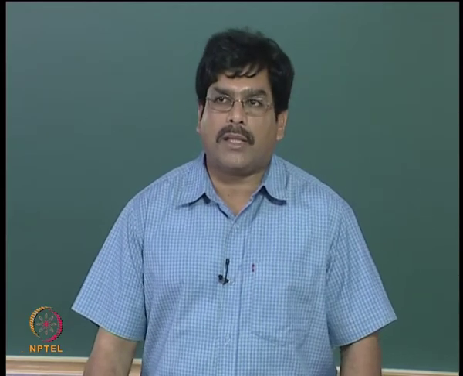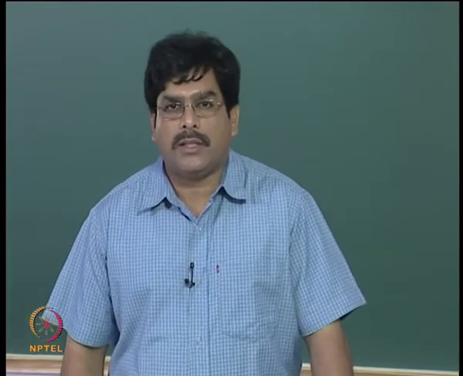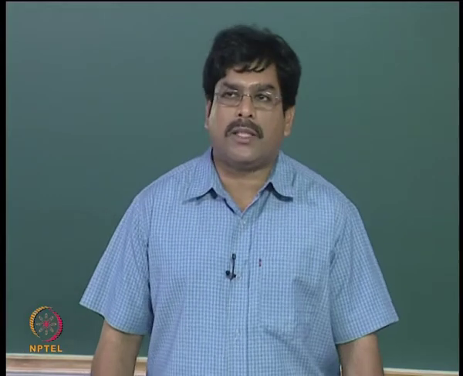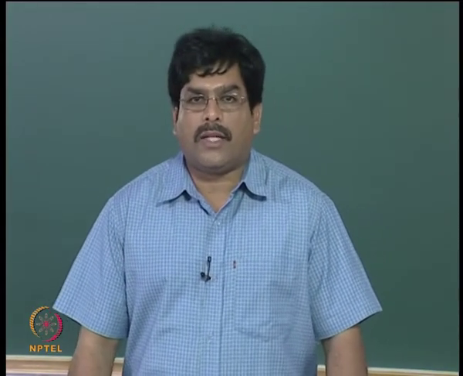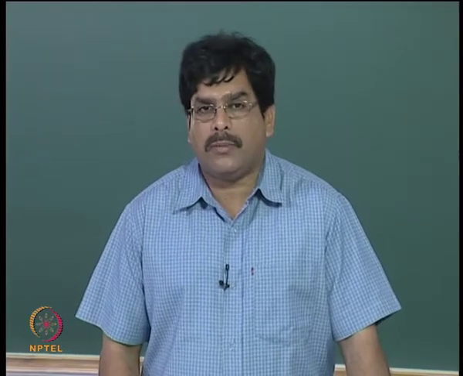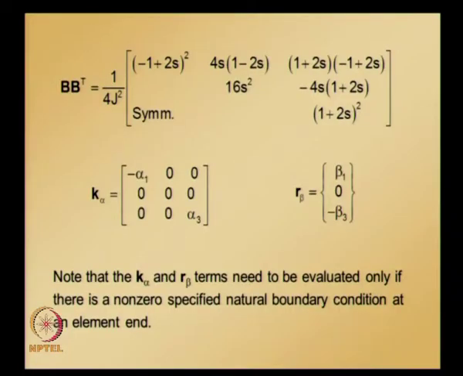If natural boundary condition is specified at node 3 and essential boundary condition is specified at node 1, then alpha 1 is going to be 0 and beta 1 is going to be 0, and alpha 3 and beta 3 are going to be non-zero values, which we need to figure out from the given natural boundary condition.